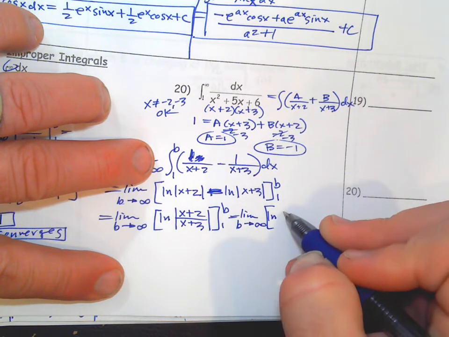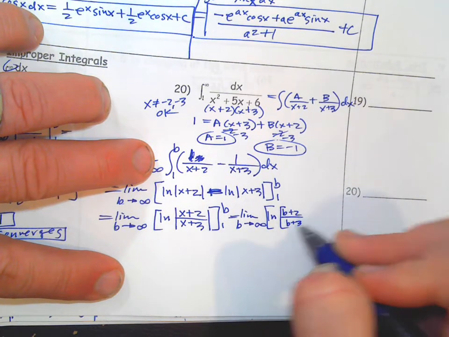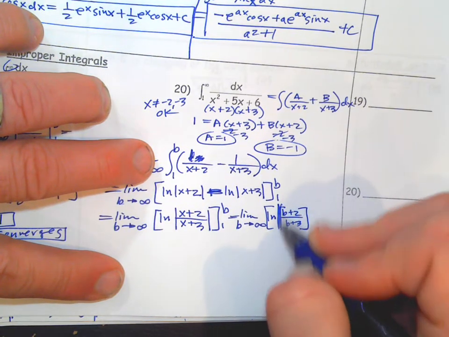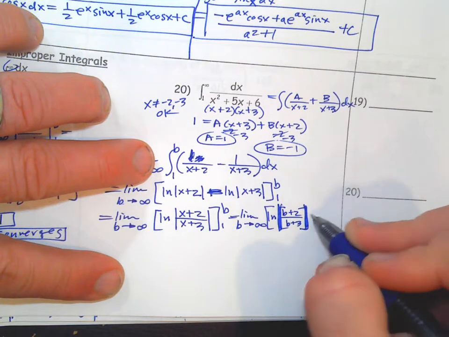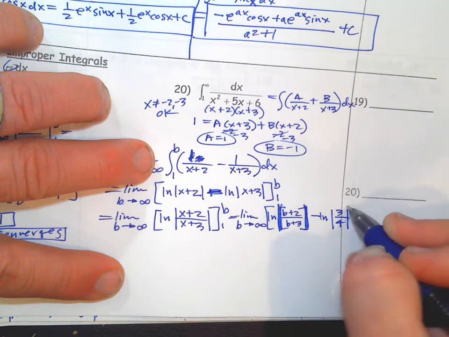So if we plug b in, it's b plus 2 over b plus 3. The absolute value should still be there. Minus natural log of the absolute value of 3 over 4.